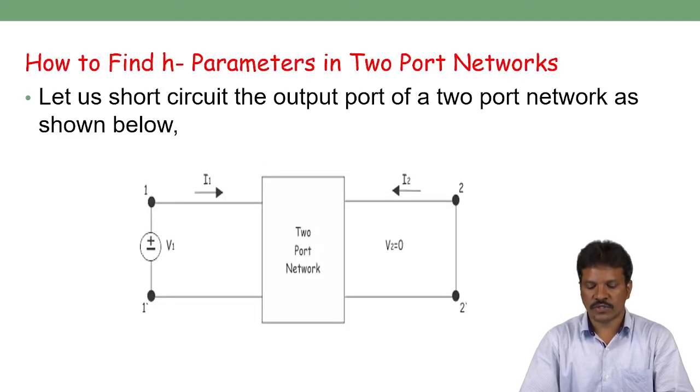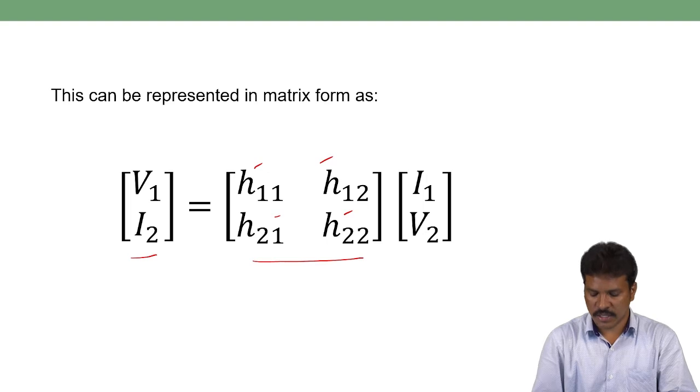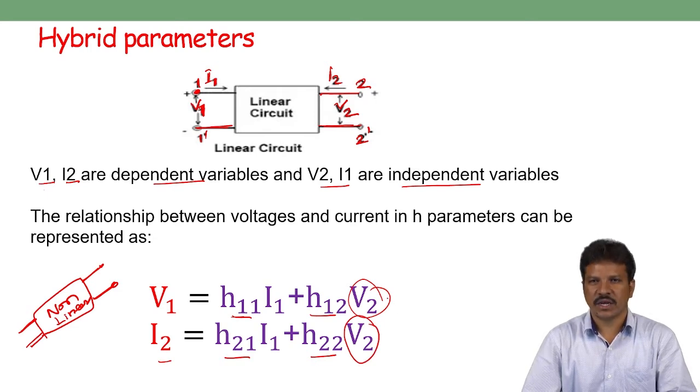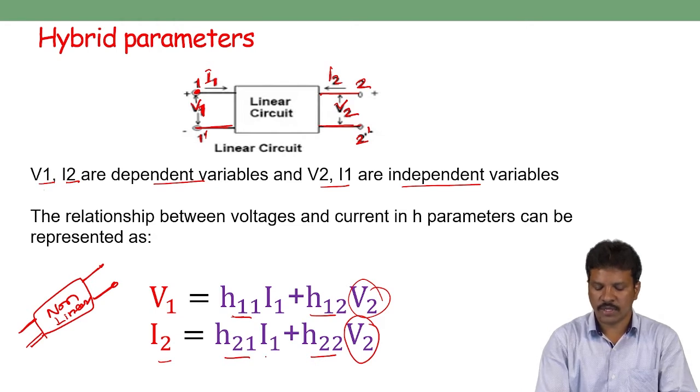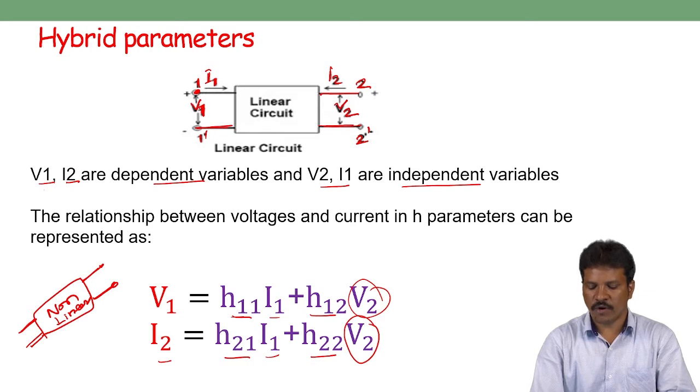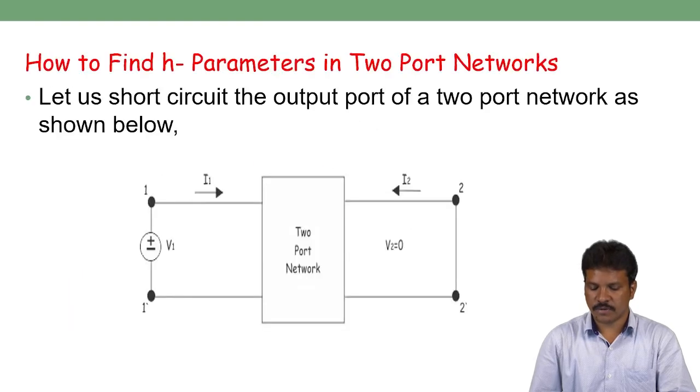Let us see the 2 parameters with the output side constant. In the 2 equations, the output variable is V2 and the input variable is I1 on the right side. Keeping the output variable constant means V2 is equal to 0, which means short circuit.